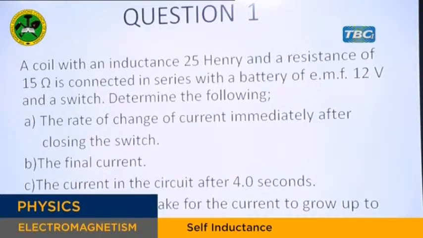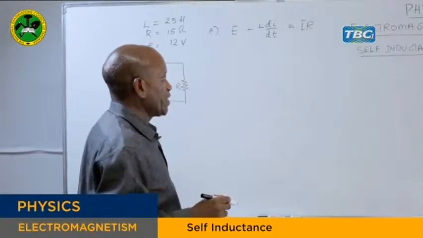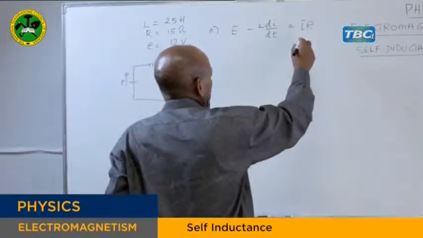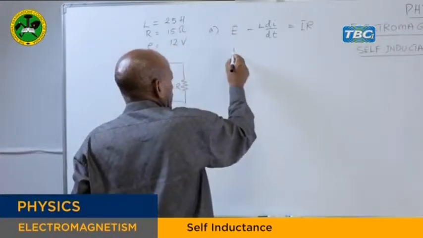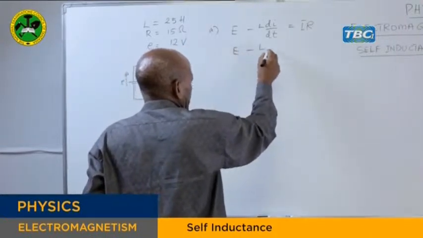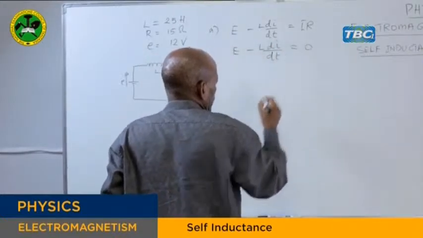Remember, we have a negative sign because of the back EMF in the circuit. But immediately after closing the switch, there is no current flowing there, so we have E minus L di/dt equal to 0.